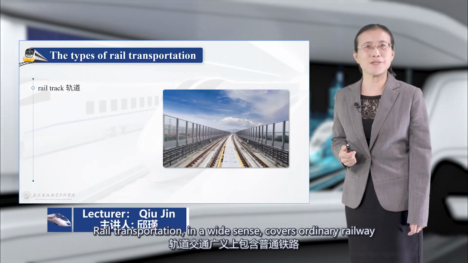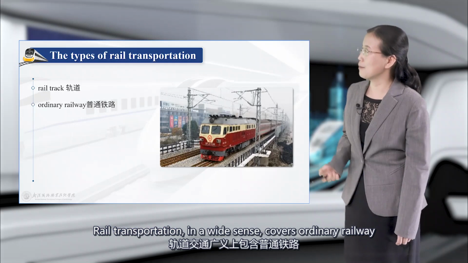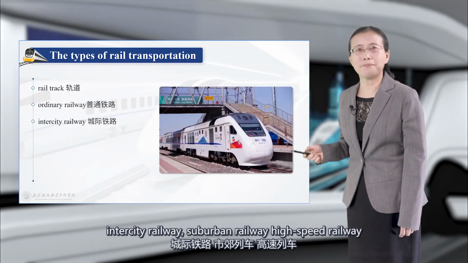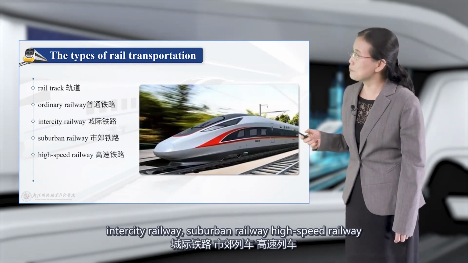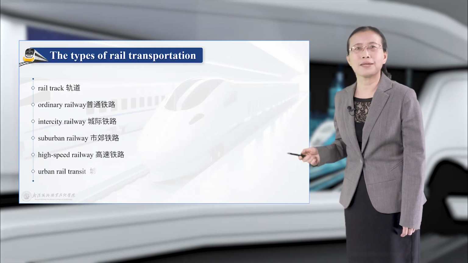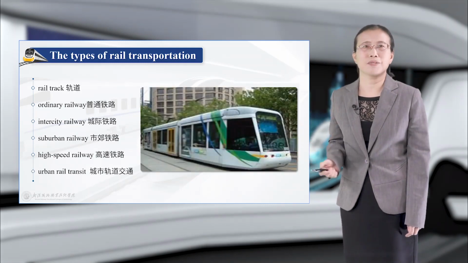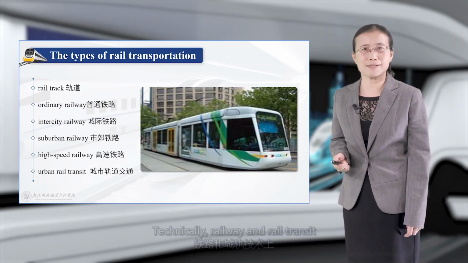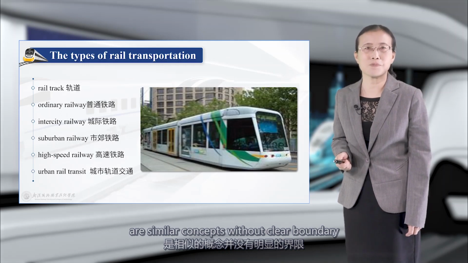Rail transportation, in a wide sense, covers ordinary railway, intercity railway, suburban railway, high-speed railway, and urban rail transit. Technically, railway and rail transit are similar concepts without clear boundary.